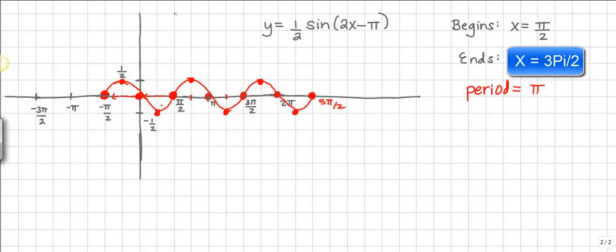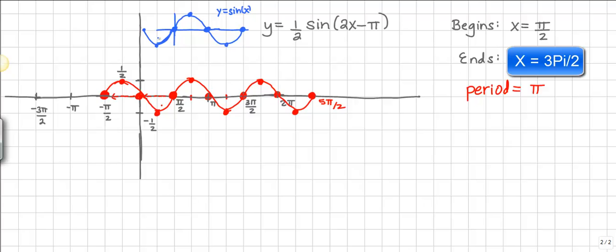Now remember what sine of x looked like. It started at 0, 0, and went through pi 0 and 2 pi 0 and so forth. Okay, this is just regular sine of x. And if I went backwards, I'd have something along these lines like that.